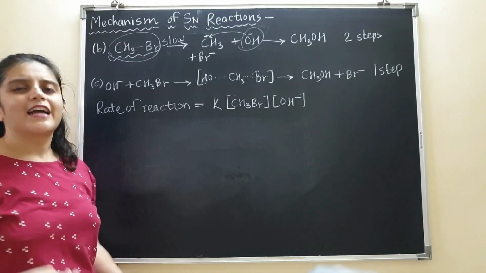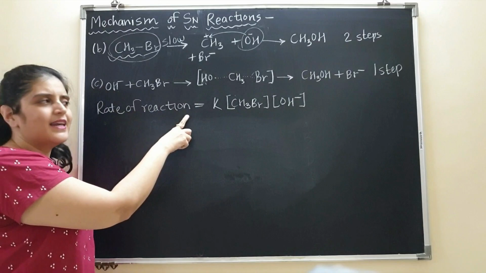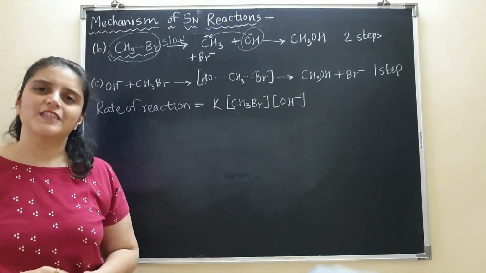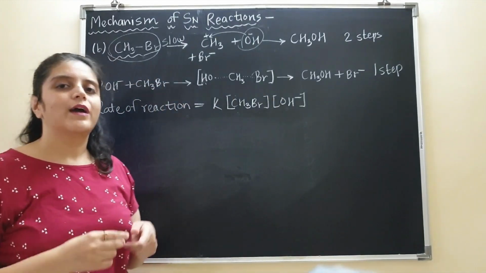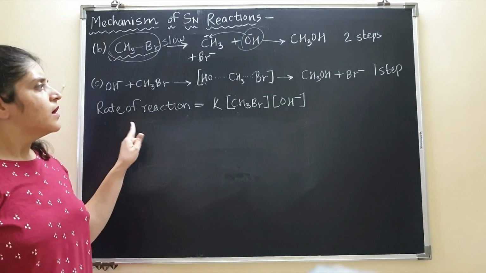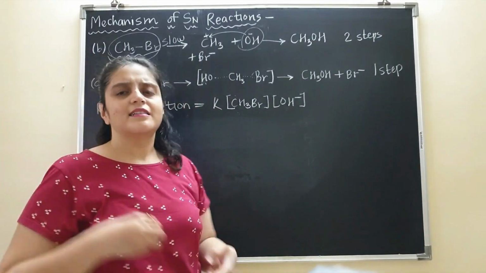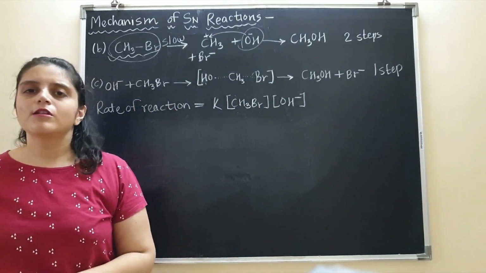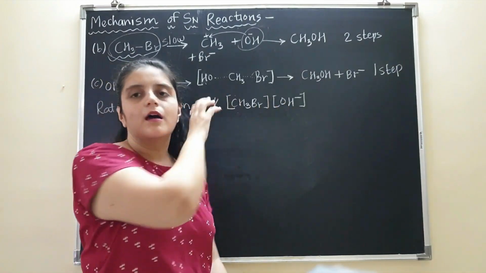But when we actually conduct the study in the laboratory, we observe that rate of the reaction is directly proportional to concentration of CH3Br and also the concentration of nucleophile OH minus. So we can say that we need a reaction जिसका step में दोनों भी molecules आएंगे. We require a reaction where a step contains both the reactants.